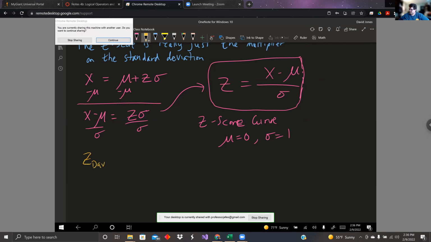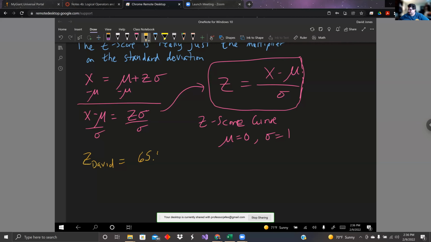So my z-score, z David. My z-score is, well, my x value was my height, 65.5 inches. The mean for guys was 70 inches, and the standard deviation for guys was 4 inches.